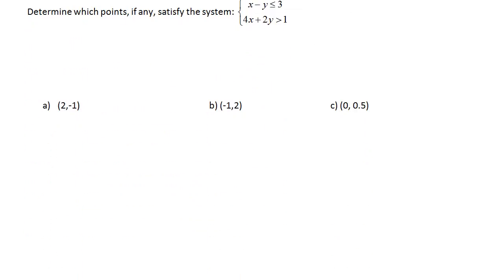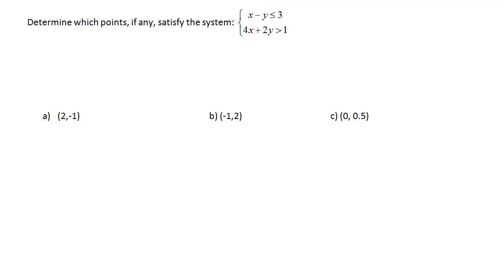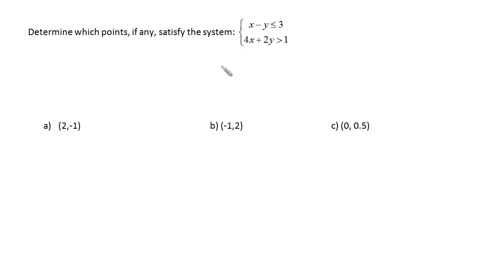So if we take a look at a couple examples, it's relatively easy to verify whether a point satisfies the system. I have x minus y is less than or equal to 3, and 4x plus 2y is greater than 1. So I have the coordinate 2, -1, which contains a value for x and y, and I can simply substitute these into both of the inequalities to verify that it checks.